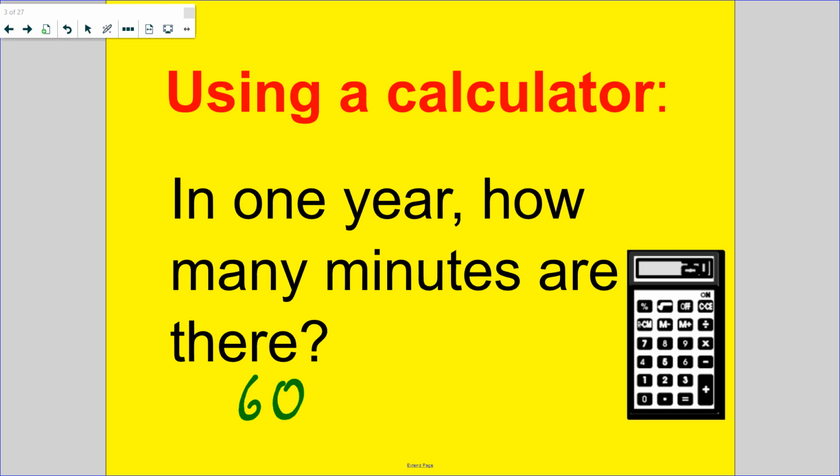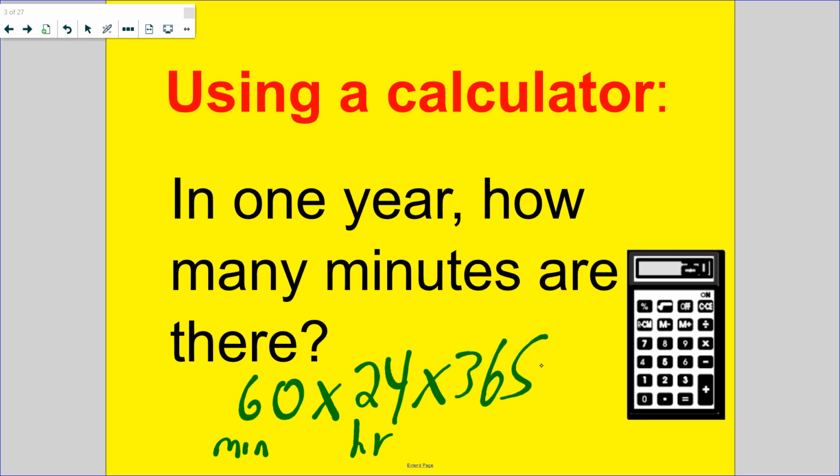And how many hours are there in a day? 24. So there are 24 hours in a day. And how many days are there in a year? 365. And that's where you get 525,600 minutes. And so that is the answer.